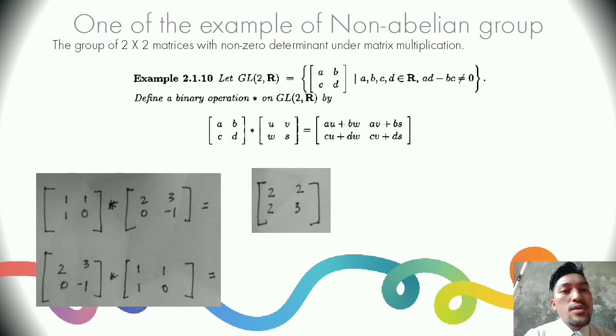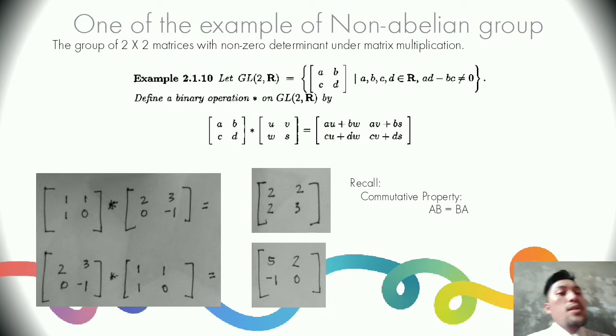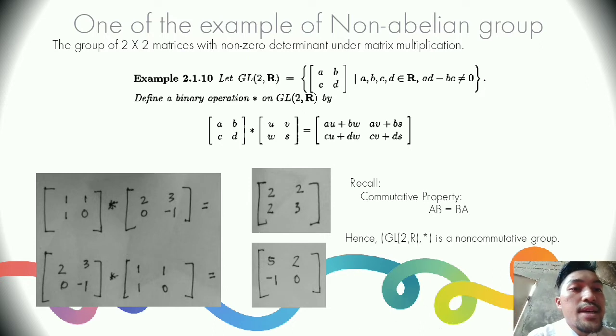So, in this one, 1 times 2 plus 1 times 0 gives the result 2, and 1 times 3 plus 1 times negative 1 gives the result 2, and the same with the other entries below. So recall, the commutative property where ab equals ba. Hence, (GL2(R), *) is a non-commutative group.